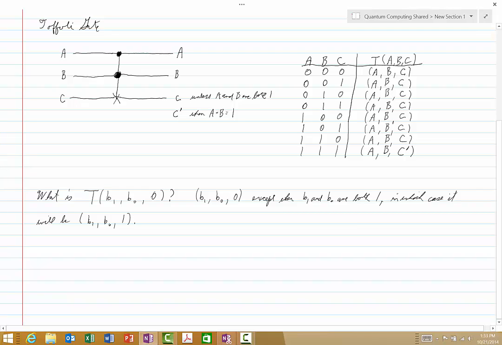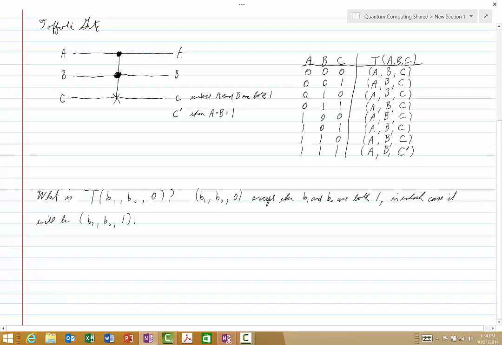Now let's think about that for a moment. We're concentrating now specifically on this third output. The third output is always 0, except when B1 and B0 are both 1, and in that case, it will be equal to 1.